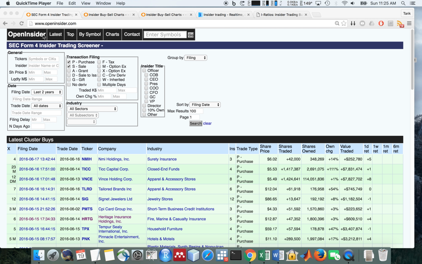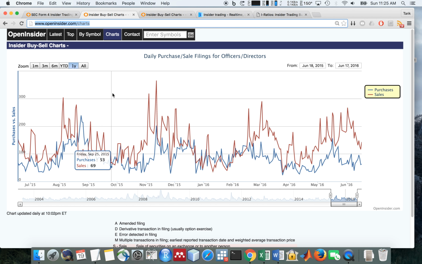So OpenInsider.com, which I've referred to a couple times in this course series, has a section called Charts. And if you click that section, it'll take you to a chart series that shows you in red the number of sales, and in blue, the number of purchases.